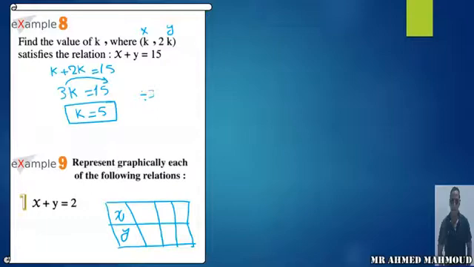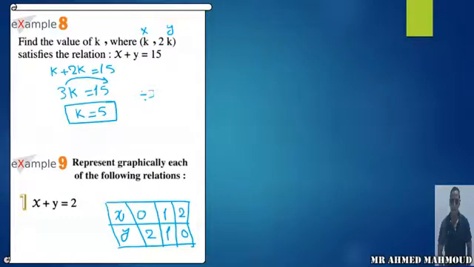For example, I will put 0, 1, and 2 because these are the easiest numbers. Here I will put 0 plus y equals 2, then y equals 2. Here 1 plus y equals 2, then y equals 1. And here 2 plus y equals 2, then y equals 0.